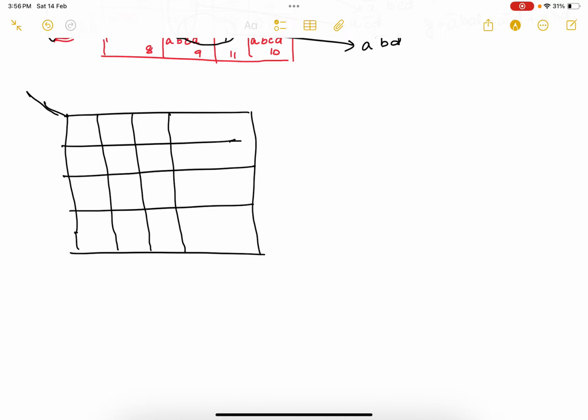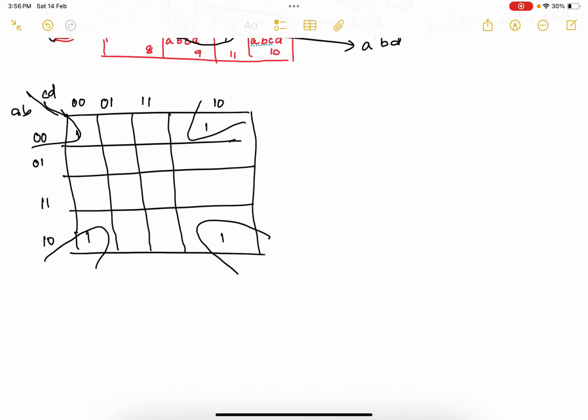For example, A, B, C, D, if I have 1 in all the corners, what can you do? 1 in all the corners means this is 0 0, this is 1 0, this is also 0 0, this is 1 0, and so on. If you take this, we can form a quad.